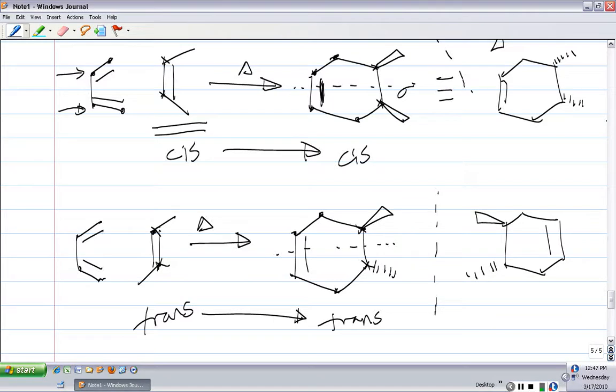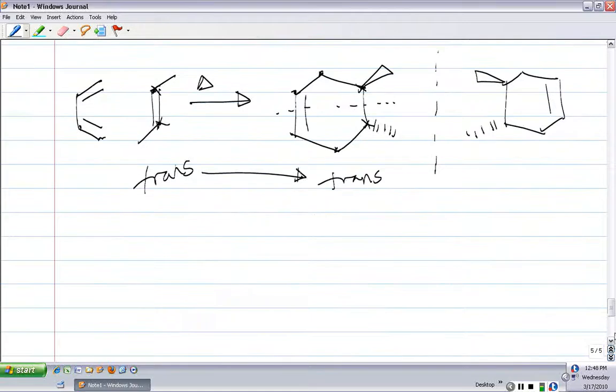In other words, I'm going to make the DL pair of these dimethyl cyclohexenes. But fundamentally, the reaction is stereospecific in that the cis gives the cis, the trans gives the trans. It just turns out that there's one cis, aka the meso, and there are two transes, aka the plus-minus pair or the DL pair. And again, we don't know a priori which one rotates plane polarized light clockwise and which one rotates it anti-clockwise. That's something you have to determine experimentally.